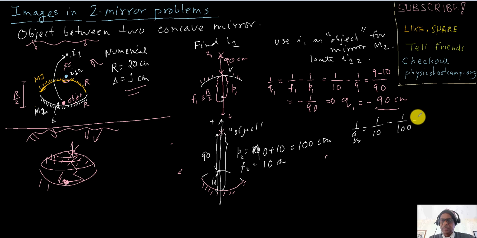So this is really a little bit less than, let's make it 100. So 10 minus 1 equals 9/100. So q2 is 100/9 centimeters, which is a little bit more than 10 centimeters.